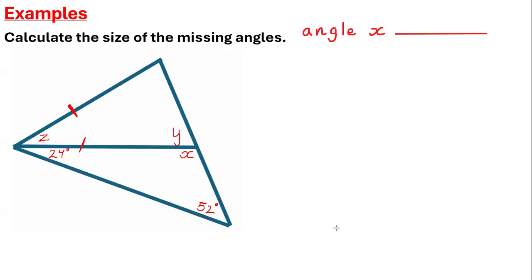How about Charlitha? Do you understand how to get x, Charlitha? Yes, sir. Okay, how are we going to get x? We're going to add 24 and 52, and then we're going to take it away from 180. Very good. And what's the reason?